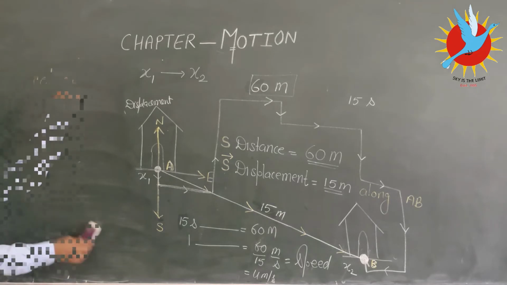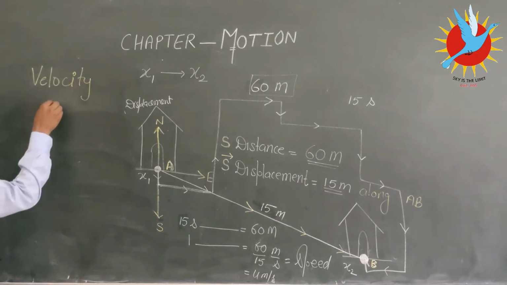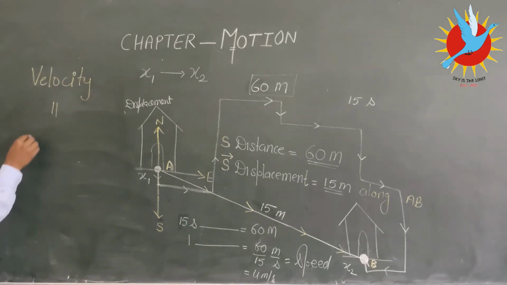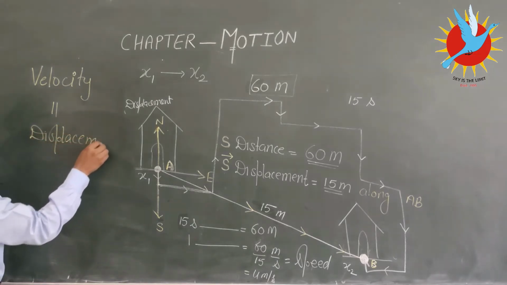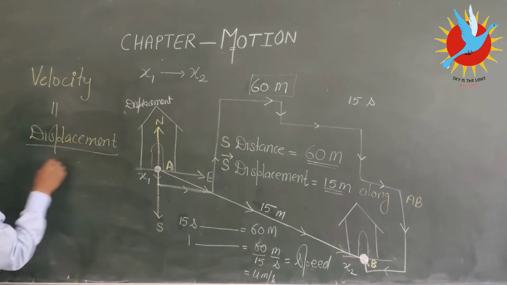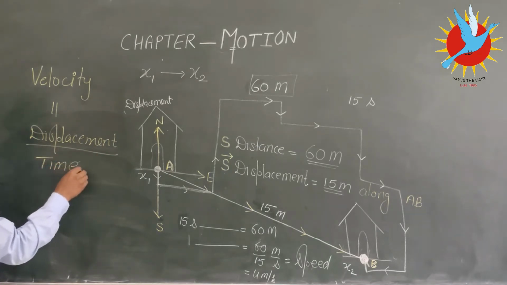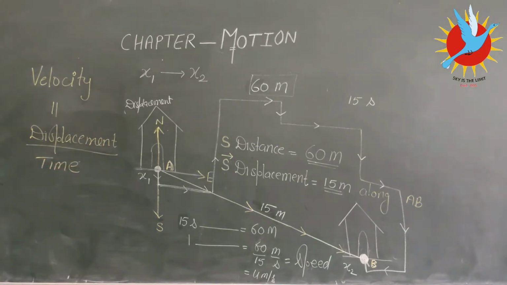Velocity. Firstly, understand that velocity is equal to displacement upon time. Displacement upon time is known as velocity.